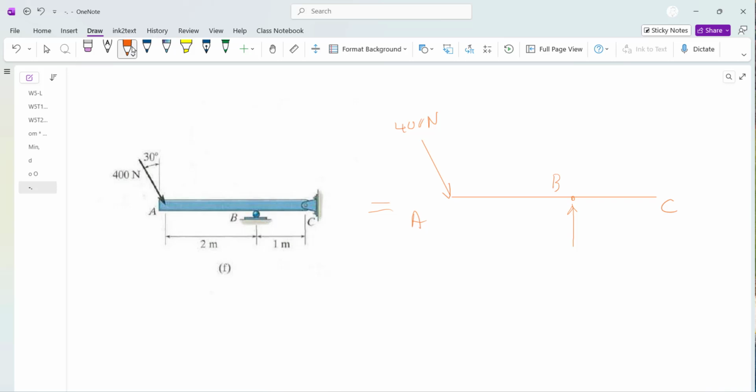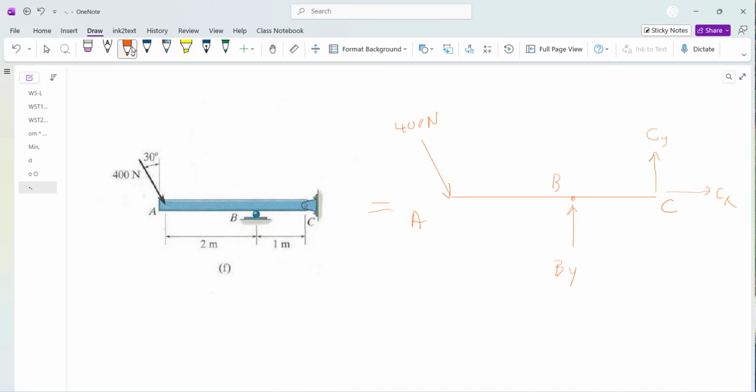So that is By. And at C, because that's a pin, you would assume that it prevents vertical movement and horizontal movement. Yes, I know that this horizontal would be canceling the horizontal component of this one, and that both of them cannot be in the same direction.